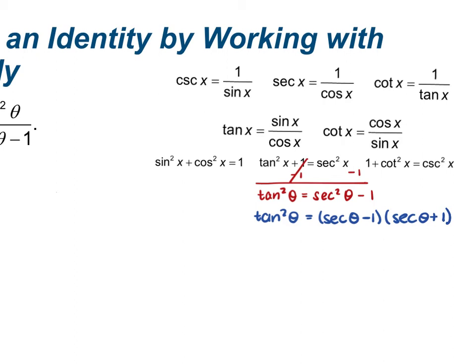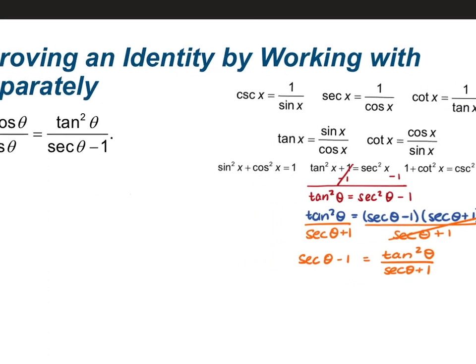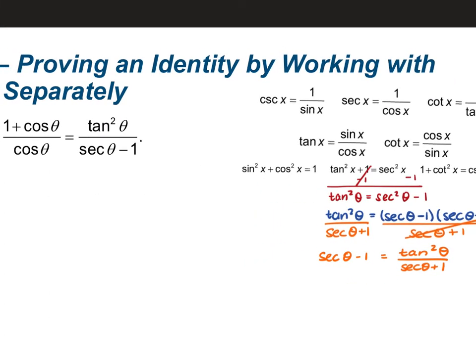What's happening to that secant theta minus 1? It's being multiplied by the secant theta plus 1. So divide each side of this by secant theta plus 1. These cancel, so you have secant theta minus 1 is equal to tangent squared theta over secant theta plus 1. That's what you were looking for.